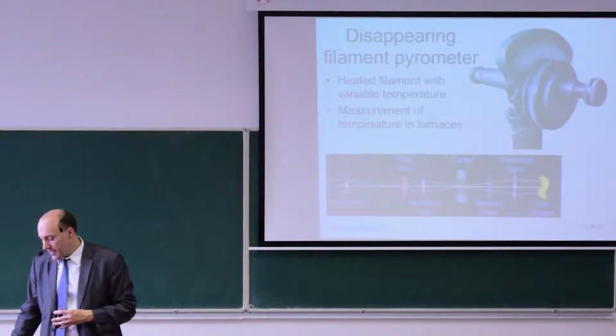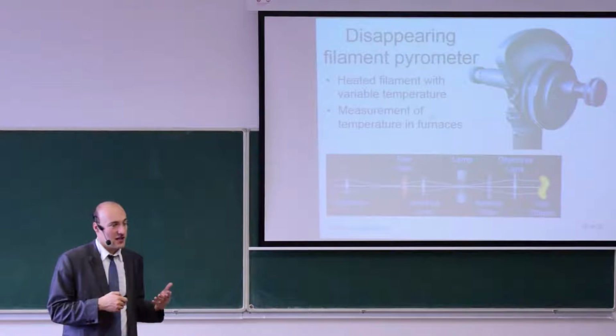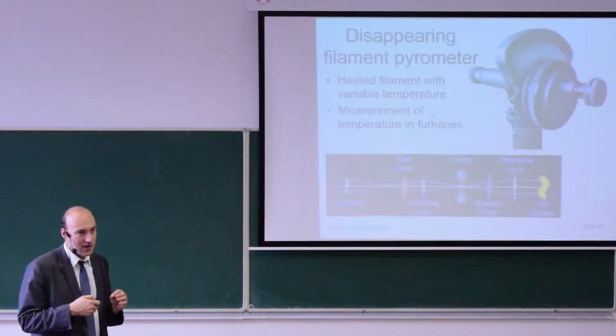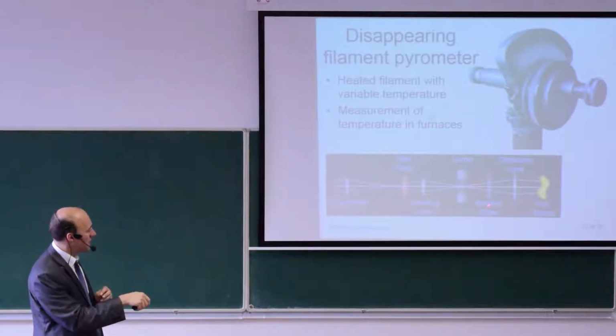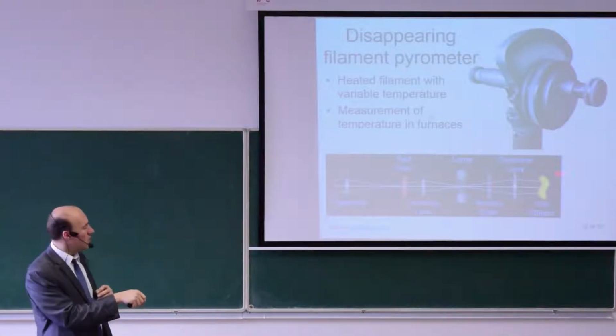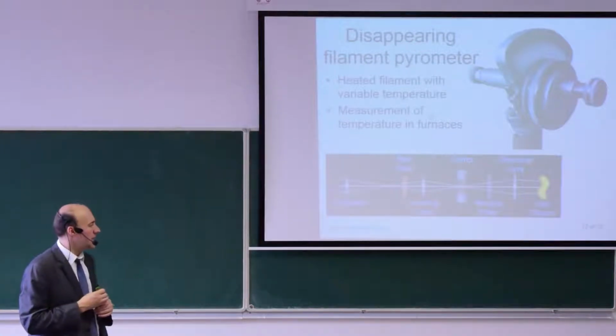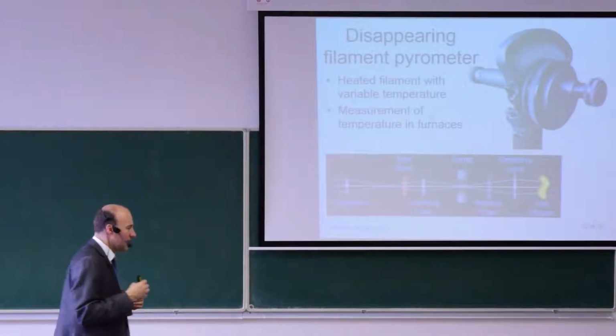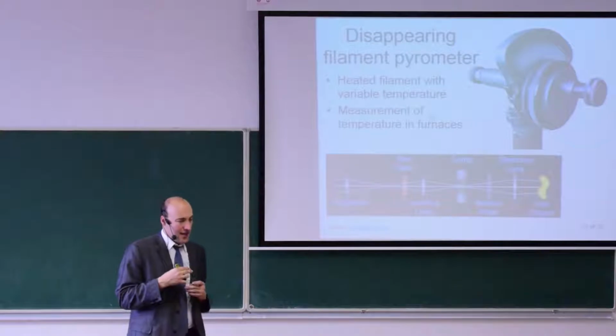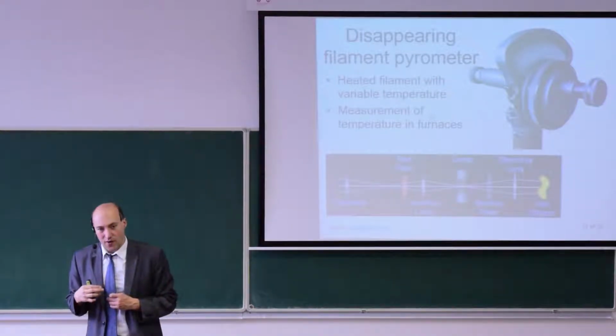Of course, the temperature does not need to be the same. Here you see that we have a neutral filter. So with this, we filter out some part of the radiation. A neutral filter means that it's decreasing the intensity independent of the wavelength.